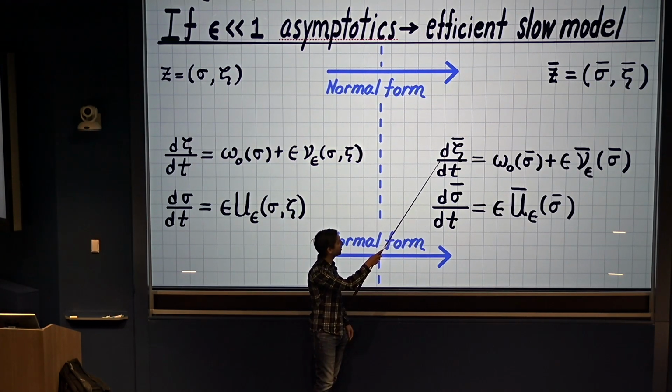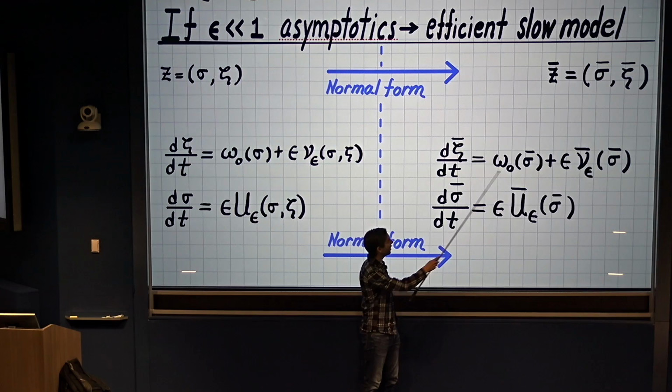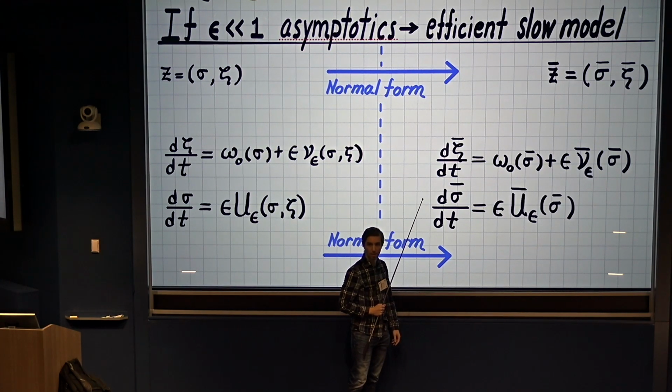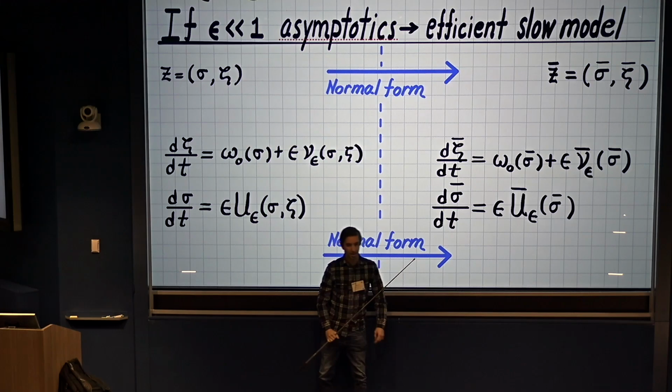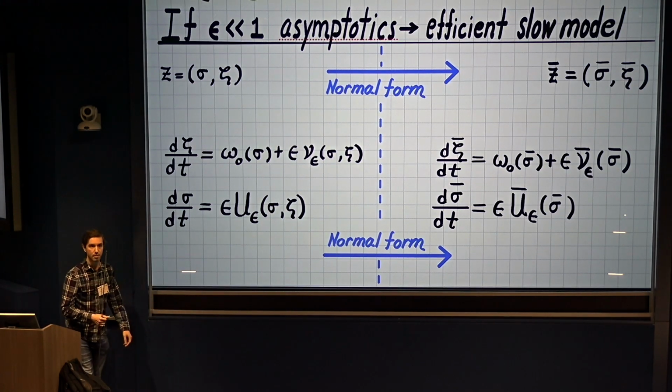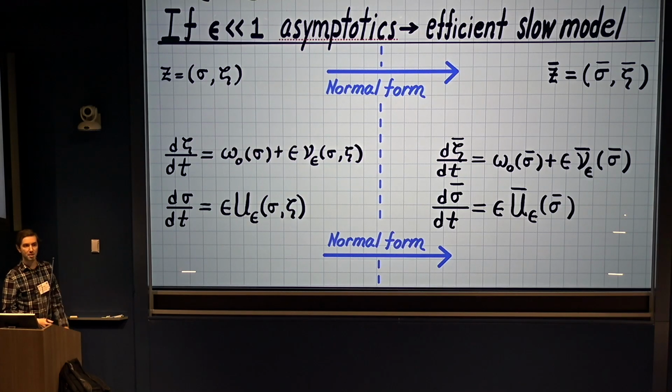And what's special about the barred ones is that the right-hand sides of the ODEs now no longer depend on zeta bar. After doing this coordinate transformation, there's a one-way coupling between the fast phase and the slower sigma bars. And that one-way coupling implies that the equations of motion for the sigma bar, the slow variables, close on themselves. So there you have dimensionality reduction, right?